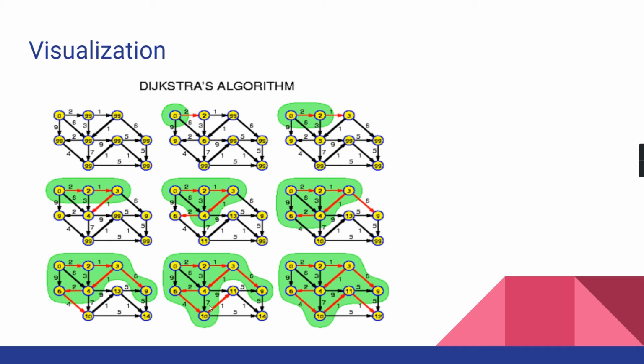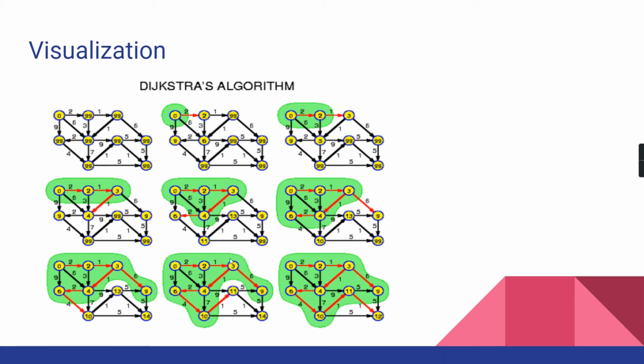Now that this one's added to the set, we're going to look at its neighbors, which is going to be this vertex and this vertex, the two that have not been inserted yet. From the source to this vertex is going to be 11, since this has an edge weight of 1.